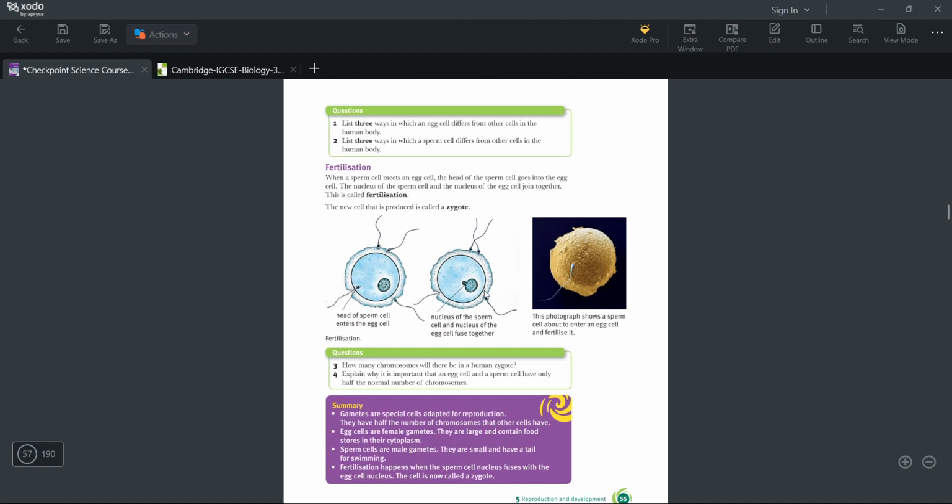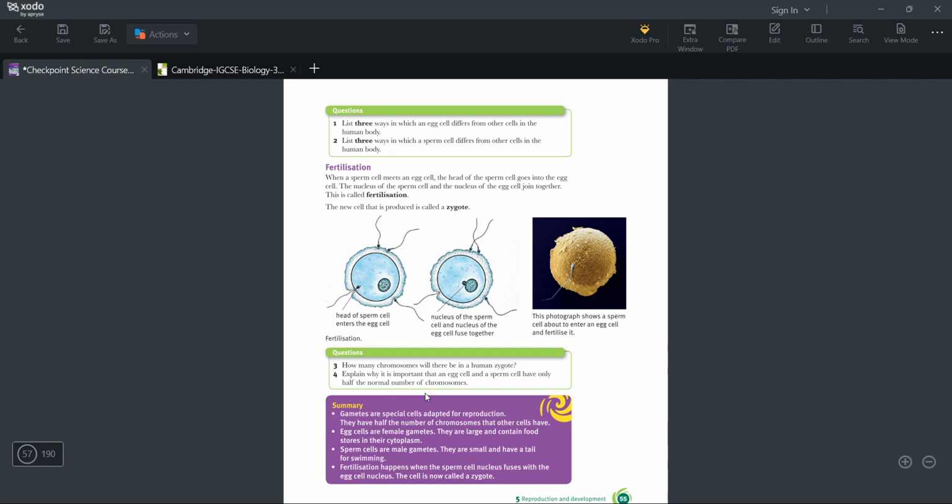Then, how many chromosomes will there be in a human zygote? Once they fuse together, that's when the zygote is formed, and it'll have 46 chromosomes again. Explain why it is important that an egg cell and a sperm cell only have half the number of chromosomes, so that when they come together, they don't produce offspring with an uneven or irregular number of chromosome pairs.